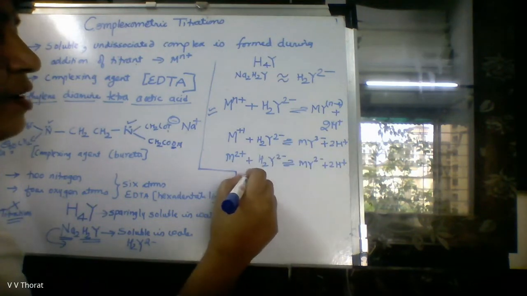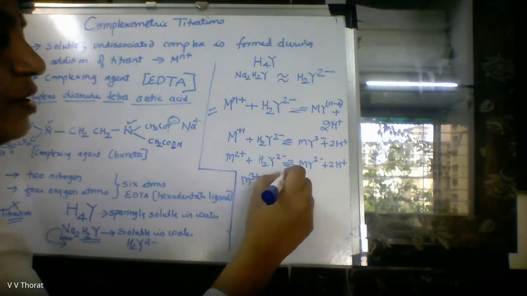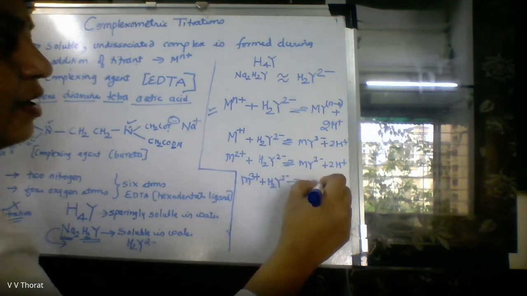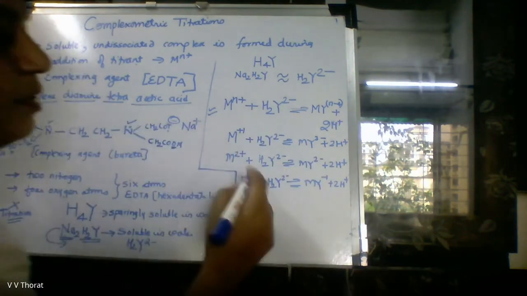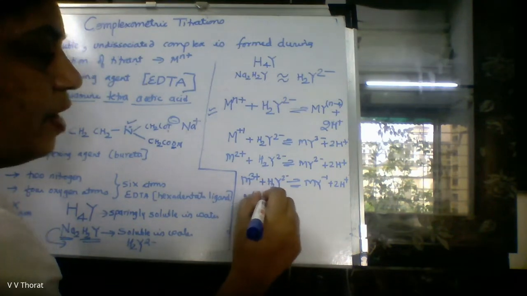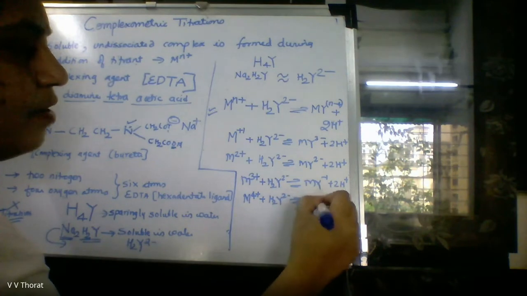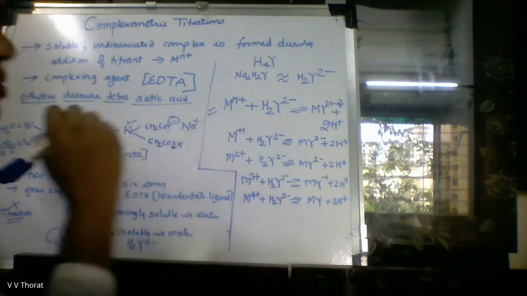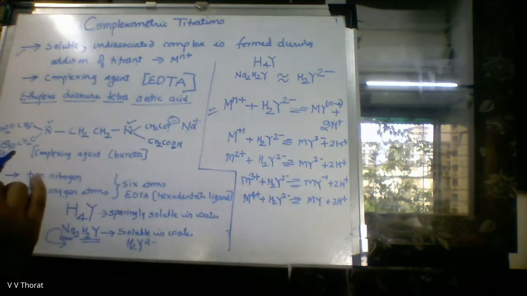If I take a trivalent ion like aluminium and titrate it, what will my reaction be? MY minus 1 plus 2H plus. If I take a tetravalent ion, and I titrate against EDTA, what am I going to get? MY plus 2H plus. MY 0 means what? Neutral. Okay.